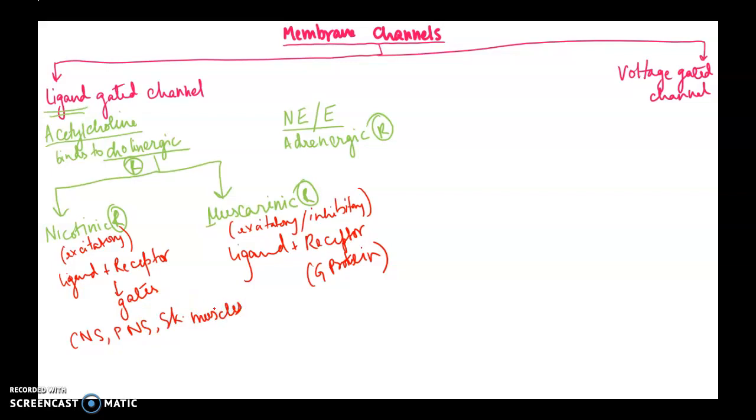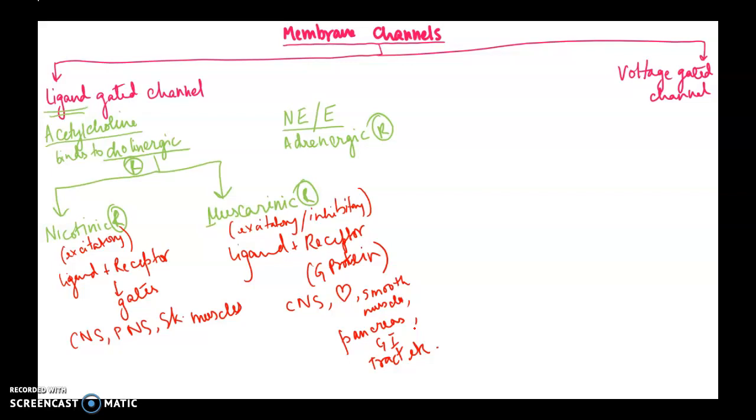We find muscarinic receptors on the central nervous system, on the heart, on smooth muscles, on the pancreas, GI tract, etc. Okay? All right. And then we will talk a little later about the adrenergic receptors.